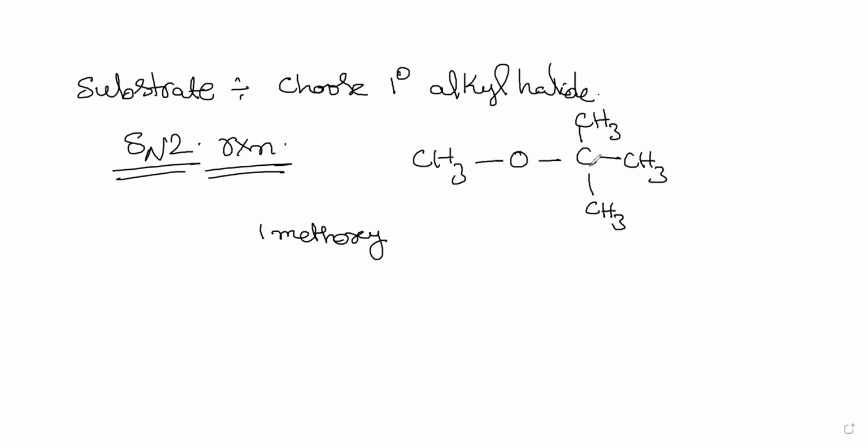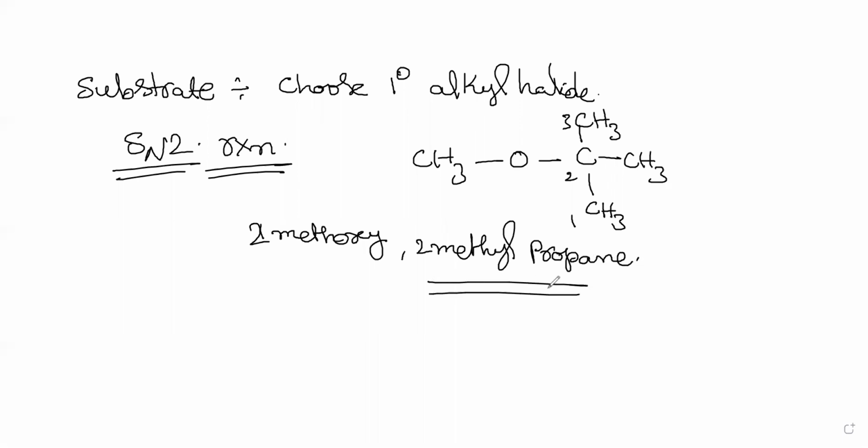So this will become 2-methoxy, 2-methyl propane, right? 1, 2, 3. So this is the compound I want to make. The common name is tertiary butyl methyl ether. So I want to make this.